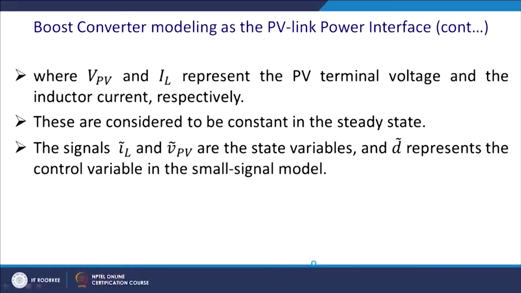So from this what we can say is that the PV voltage and the I_L represent the terminal voltage and the inductor current respectively; these are considered to be constant in this state. The signals I_L and V_PV are the state variables, and D represents the control variable in the small signal model.